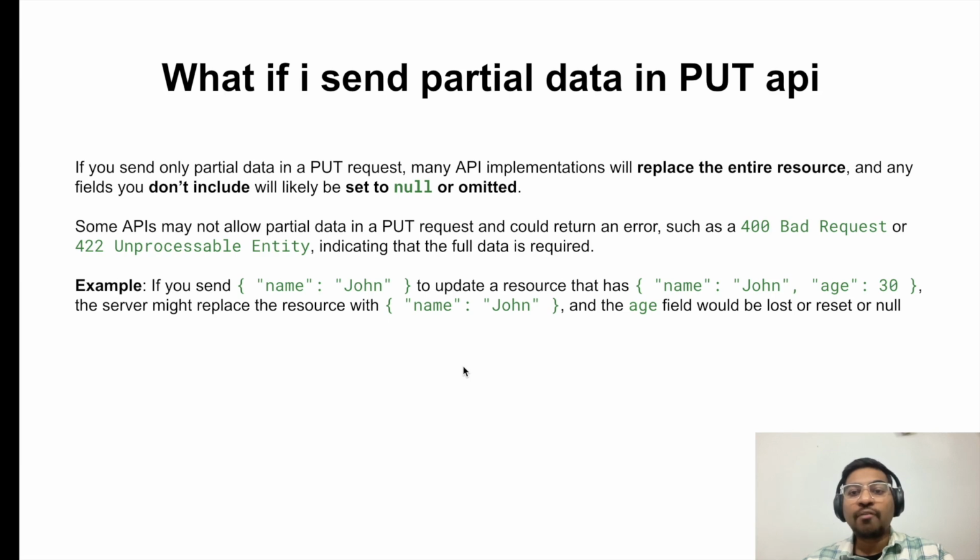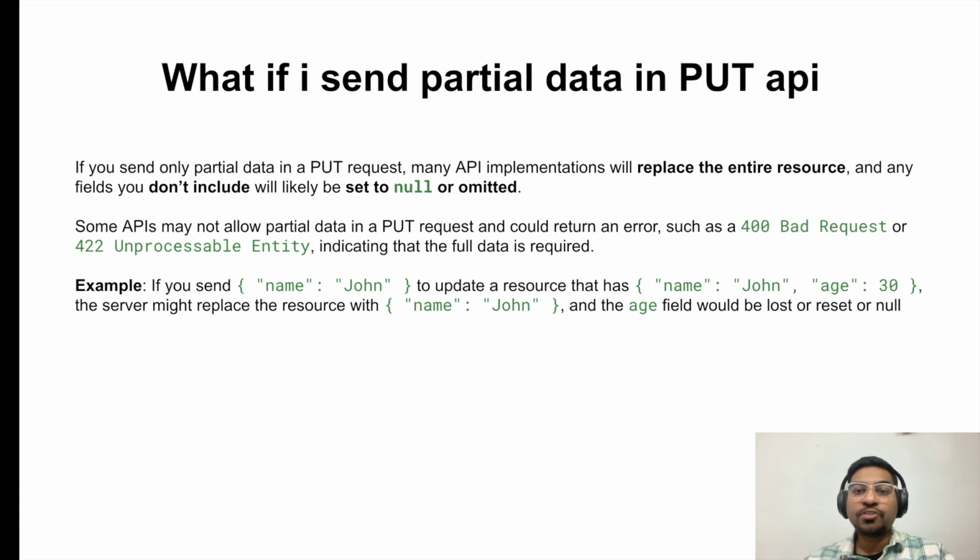So if you have four fields and you update two fields using the PUT API, the other two fields might be set to null, omitted or reset, or it will throw a 400 Bad Request or 422 Unprocessable Entity.